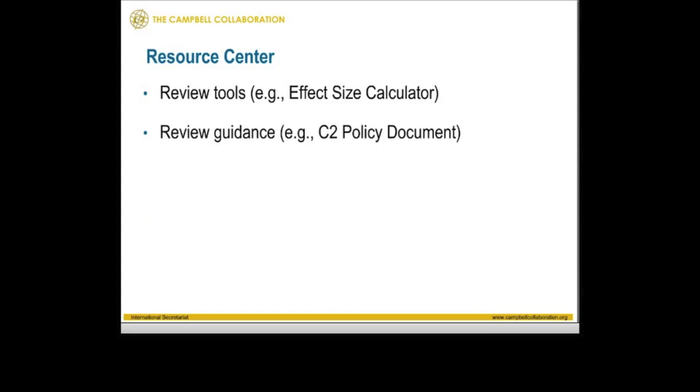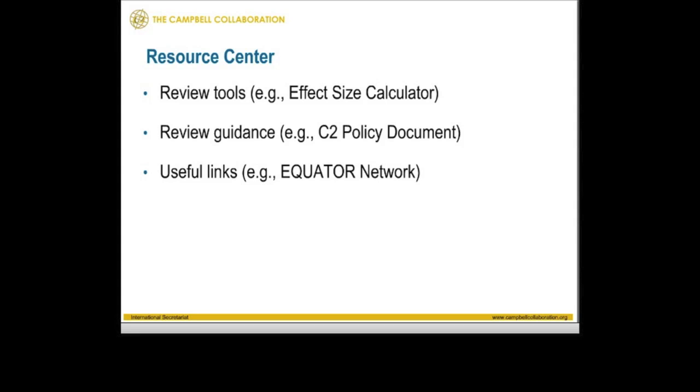We also maintain a resource center as part of our purview as the methods group. For example, we have tools there to help you complete a systematic review, such as the effect size calculator. We also provide review guidelines. We produce a number of policy documents on specific issues that you might run into in a systematic review.